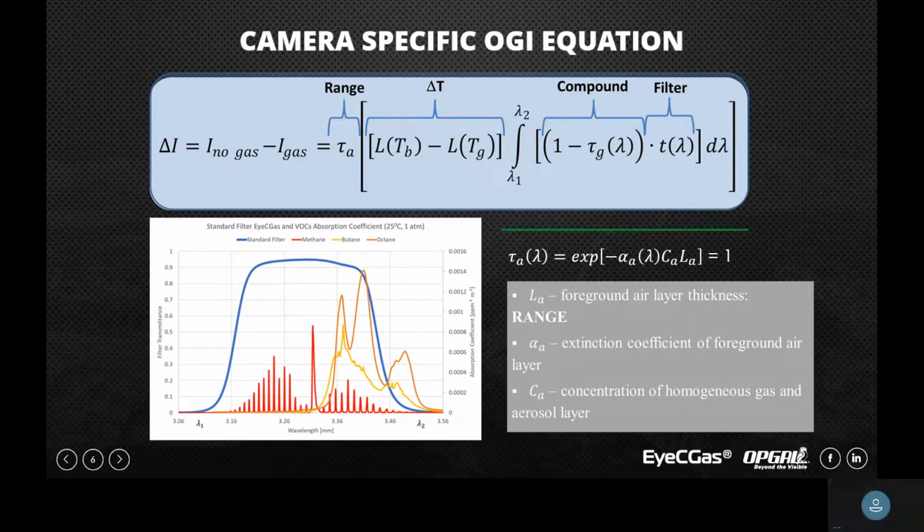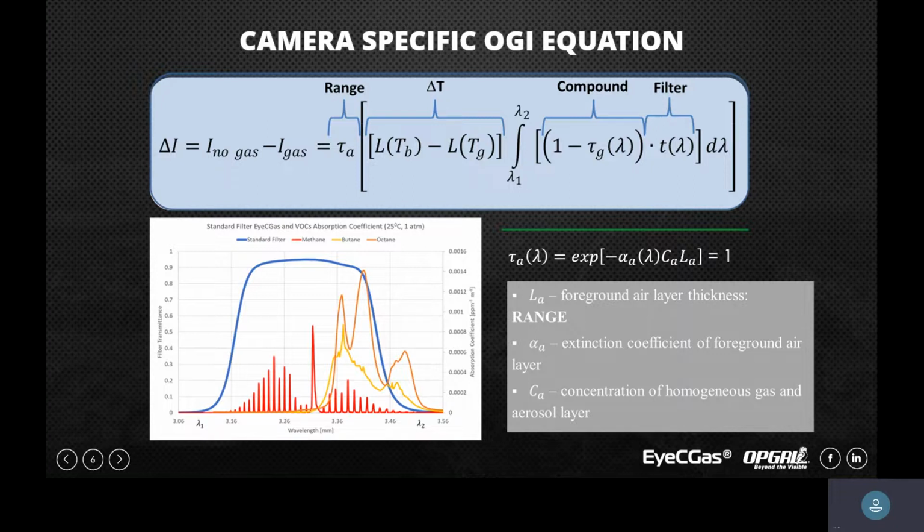Now, in the portable OGI camera, we essentially assume that the transmission through the air is negligible, since we are looking very close to the leak. So that means that in this equation we assume that tau of A equals 1. We drop this.